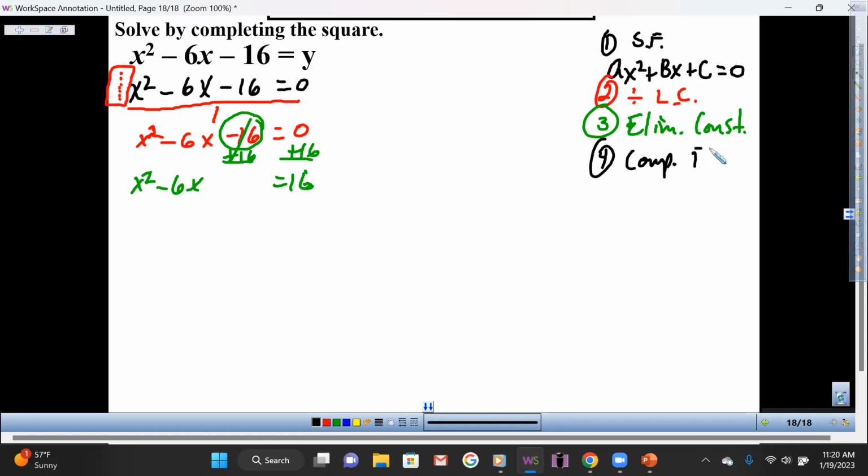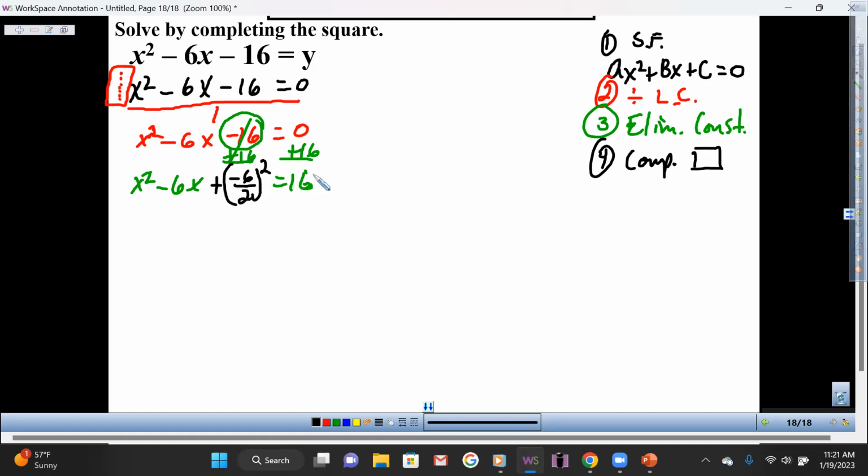Complete the square. Turn to your neighbor, let them know what you need to do here to complete the square. So what we need to do to complete the square right here. Yes, you take negative 6 over 2 and you square it.